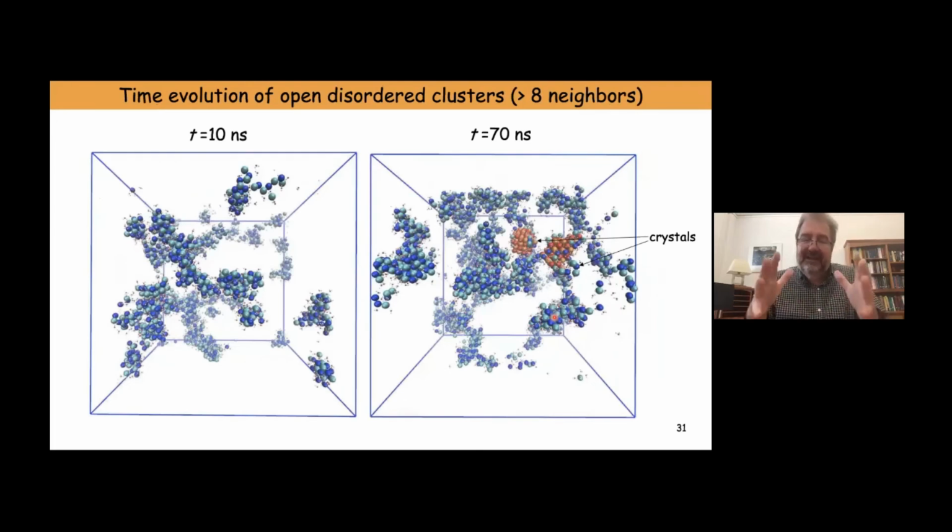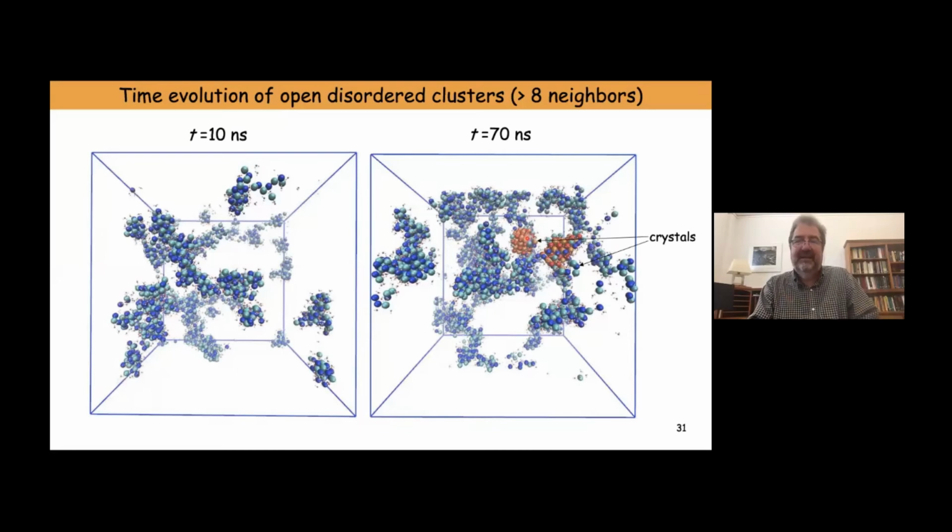In other words, the spinodal decomposition, the phase separation in these highly concentrated salt solutions, is to a phase that precipitates out of the solution that has very open, big clusters and an amorphous, not crystalline, character. Then within those regions, at much later times, the crystals form.